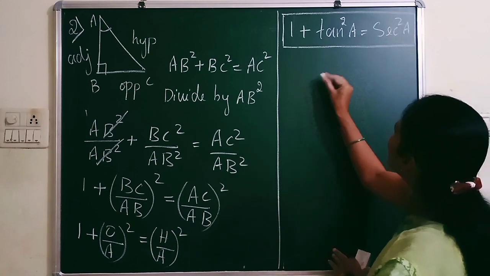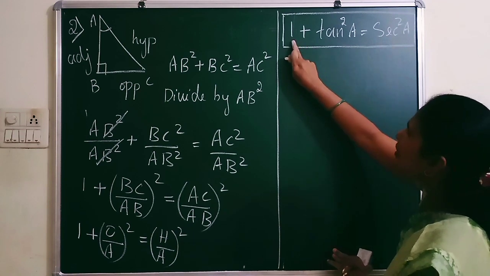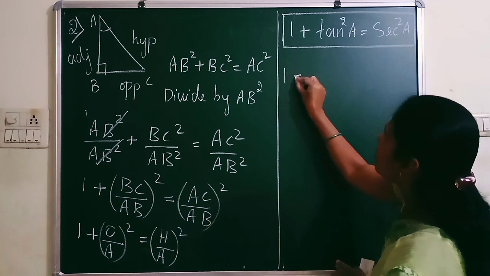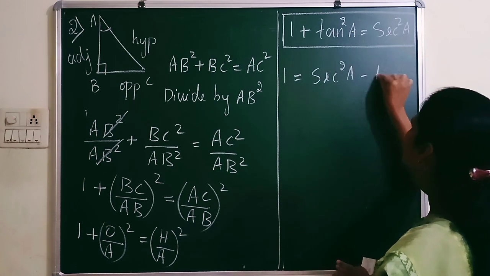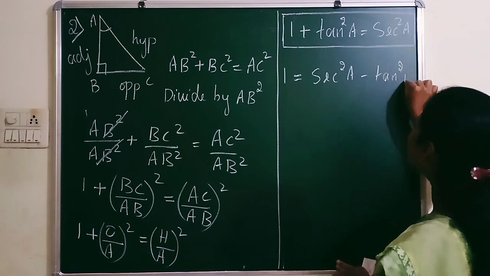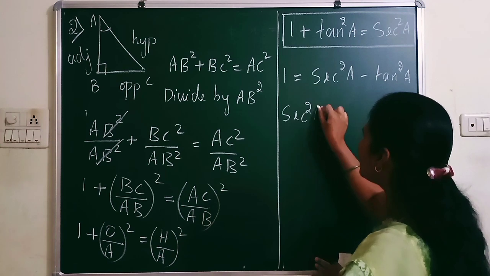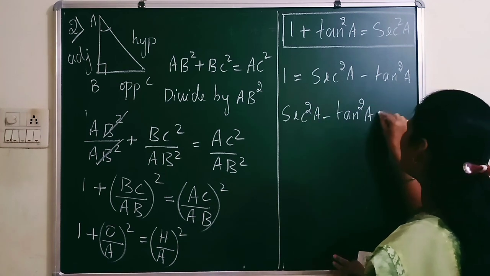I can keep secant square as it is, keep 1 as it is, and send tan square to this side. What happens? 1 equals secant square A minus tan square A. So let us rewrite this as secant square A minus tan square A equals 1.